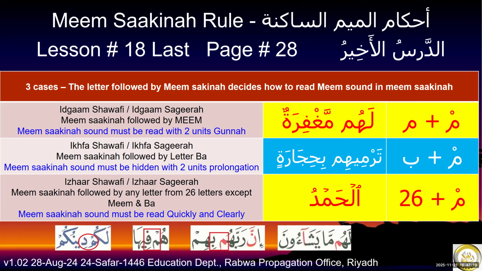All these have meem sakina followed by any letter from the 26 letters. So out of these three rules, because the 26 letters belong to izhar shafawi, this comes more frequently compared with ikhfa shafawi or idgham shafawi. So is it clear?